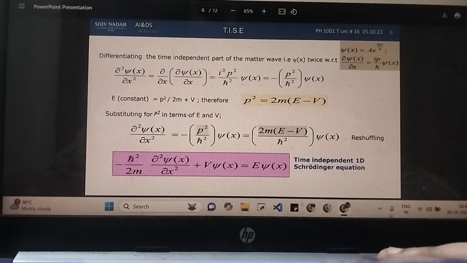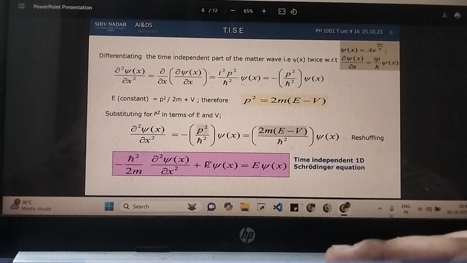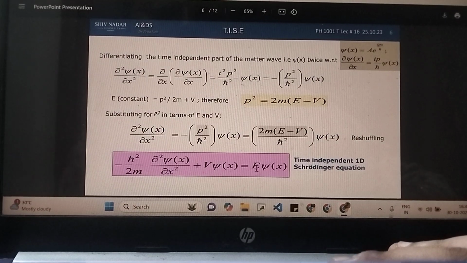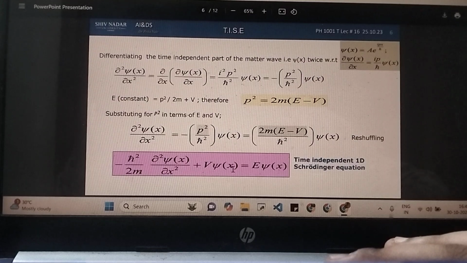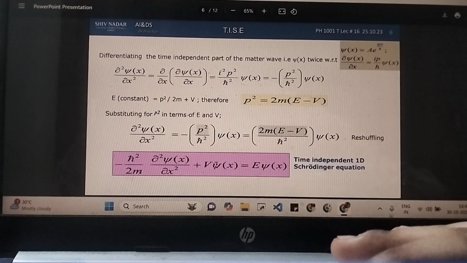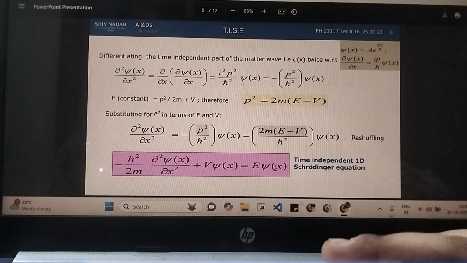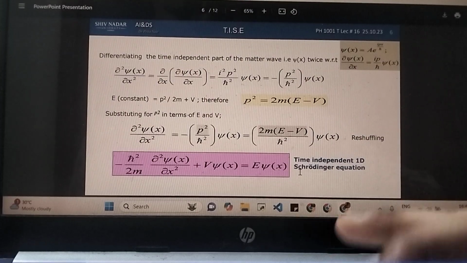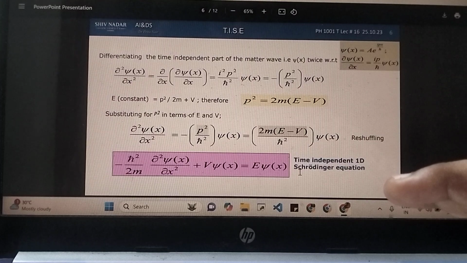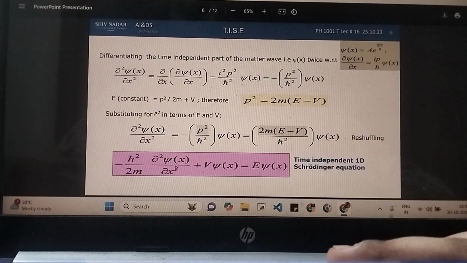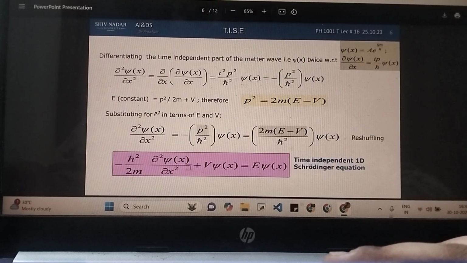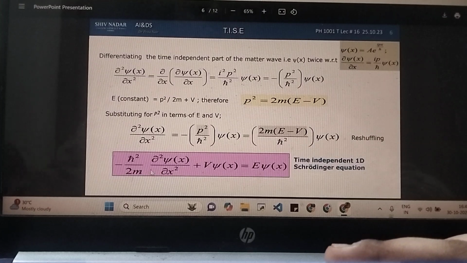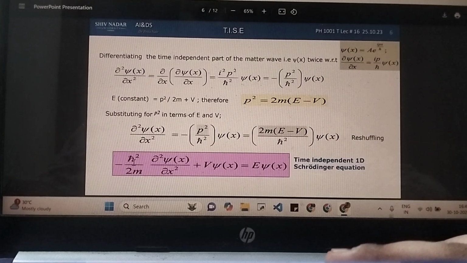So now you look at this equation in the pink box. Let us say I know the position for sure. Position in terms of x coordinate. We're dealing with one dimension, so there are no y and z coordinates, so the position is just a single coordinate x. So if I know the position, then I know psi of x, and h cross, 2m, mass of course I know, so h cross is a constant.